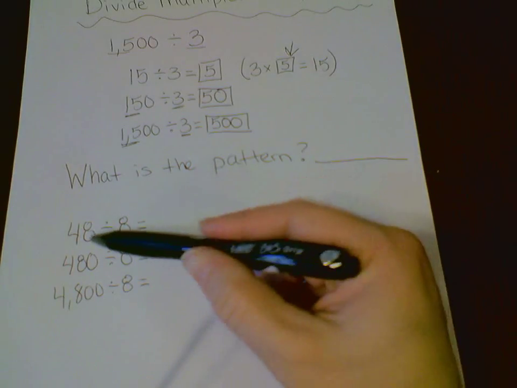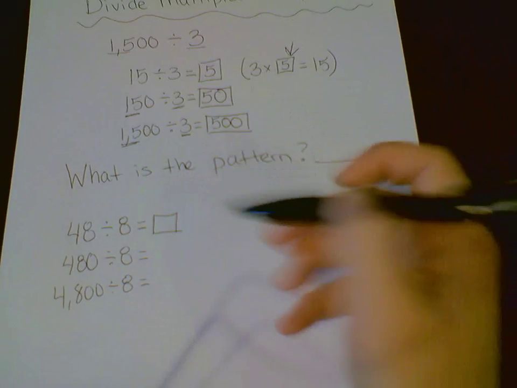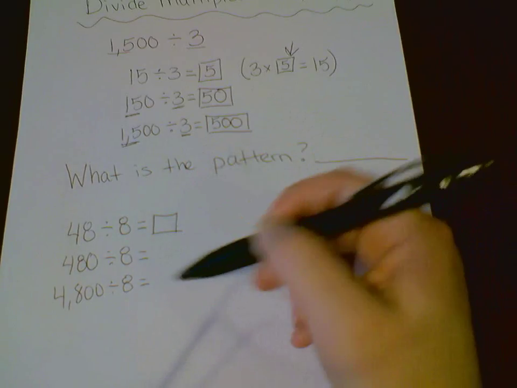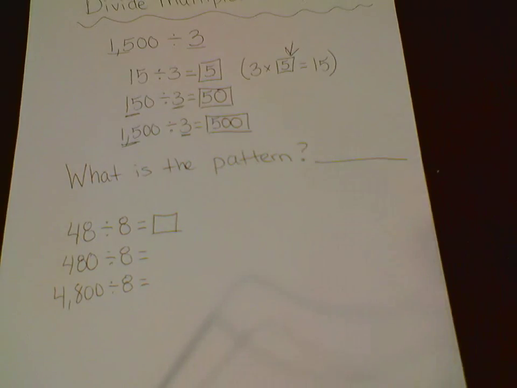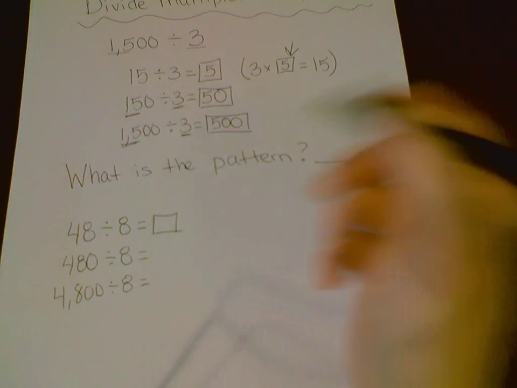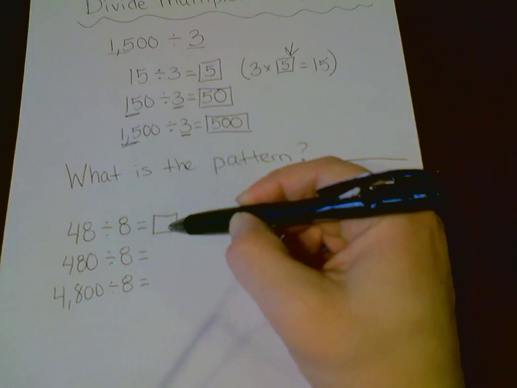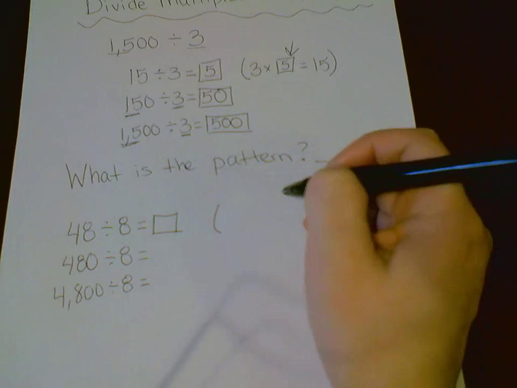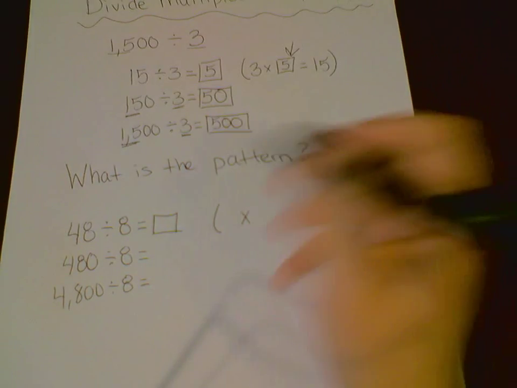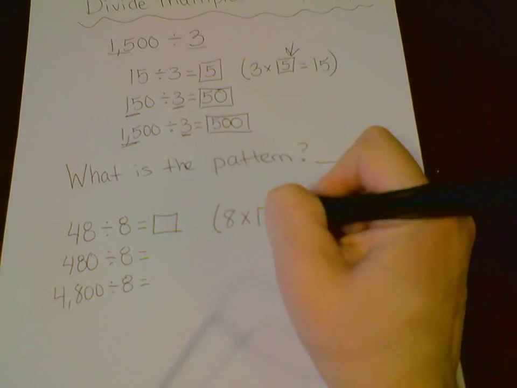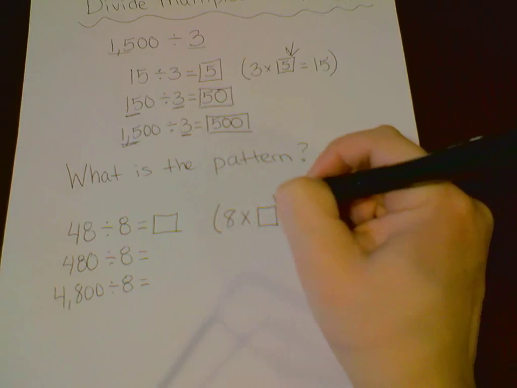So I'm using my math fact up here of 48 divided by 8, and I'm going to use that to solve my other ones below, which are multiples of 100 and 1,000. Okay, so if you do not know this immediately, some of us can easily figure that out. Some of us cannot. So let's think of it as the opposite multiplication, okay? 8 times what number equals 48? Okay, what number is that?